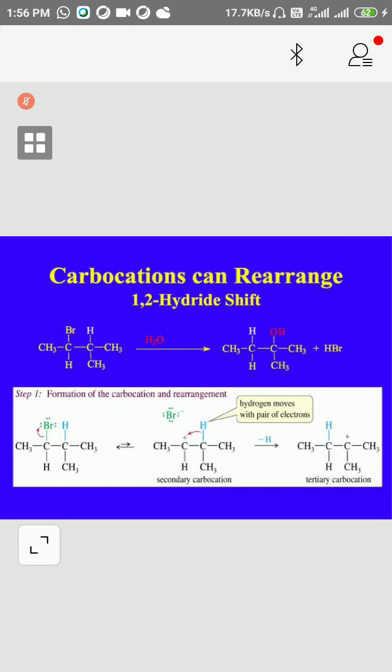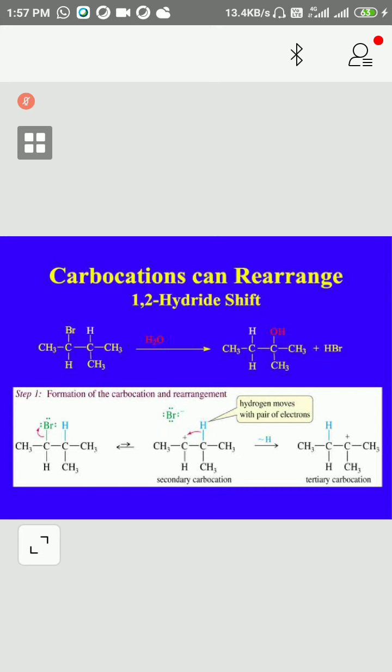There is also a chance of a 1,2-hydride shift. How will it take place? Here you can see this is the halide, which is going to be released. So how does this reaction take place? Because this is a weak nucleophile, not a strong base or a strong nucleophile, it will prefer to form a stable carbocation.